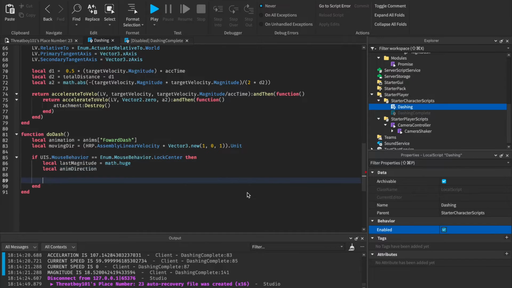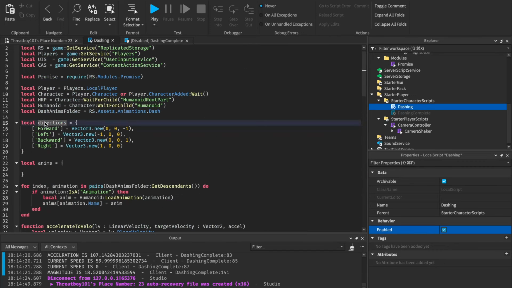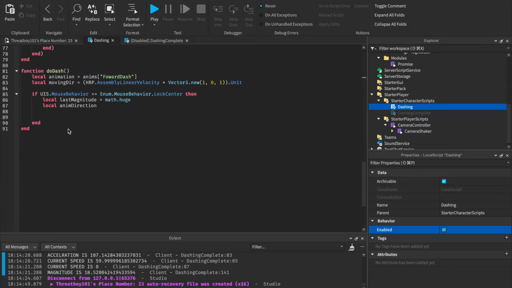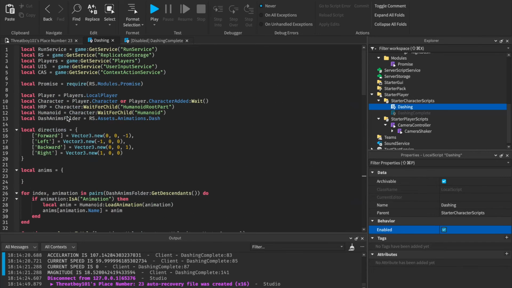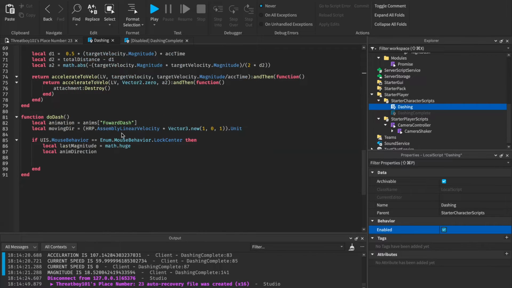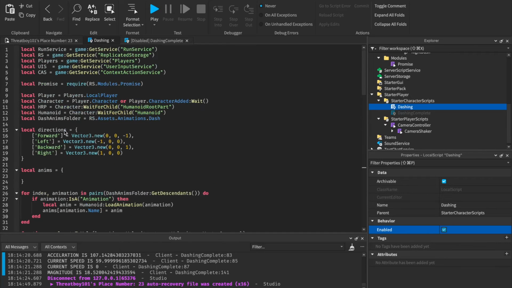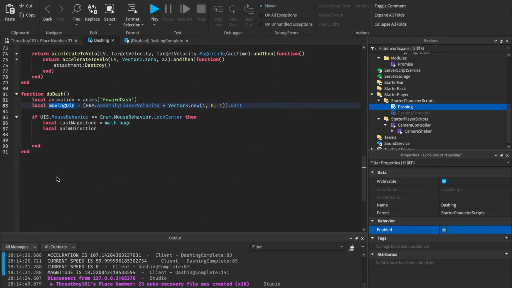So recall we have this directions table that's a mapping between the animations and the direction we're moving in. And so what I want to do is figure out which of these directions is closest to my assembly linear velocity direction here. And based on that, I will select the animation.